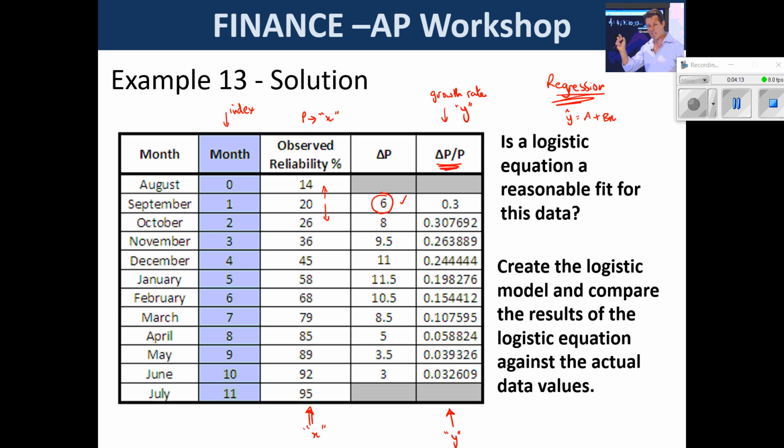But please remember that when we were talking about the change in population, we were always saying the term before, the term afterwards. So clearly the first term doesn't have a term before, and the last term doesn't have a term afterwards, which is why these blocks are grayed out. They can't be part of the data. So I'd start off with x at 20, the y at 0,3, x at 26, the y at 0,307, and I would go and get this equation.